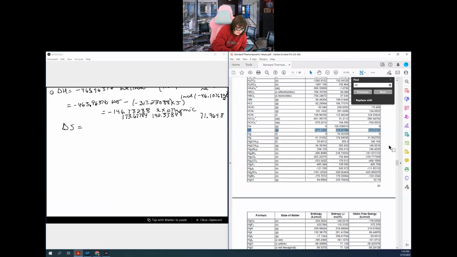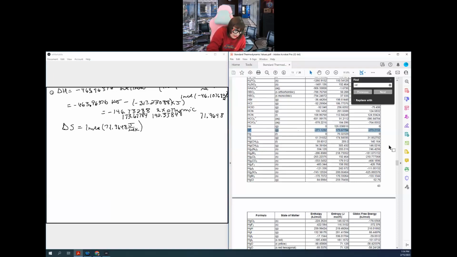So when we do our delta S, we have 1 mole times 71.9648 joules per mole Kelvin. And we're going to subtract this whole quantity of 1 mole times negative 146.7.